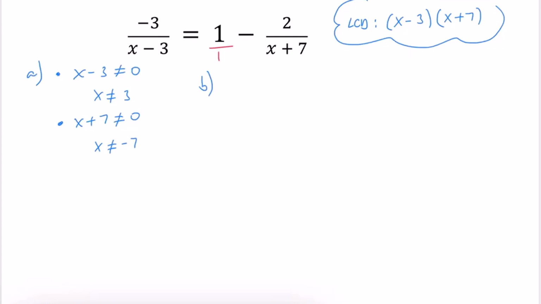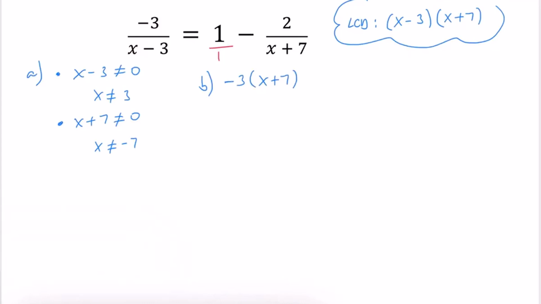So that is to say, if we multiply it by the least common denominator, the denominator x minus 3 will cancel out. So we have x plus 7 left. So the x plus 7 needs to be multiplied with the numerator negative 3. So we have negative 3 times x plus 7.